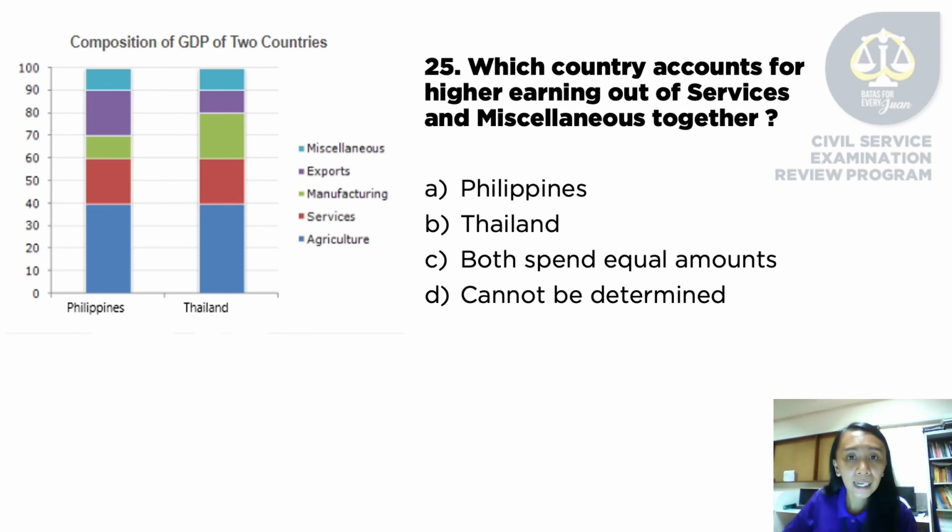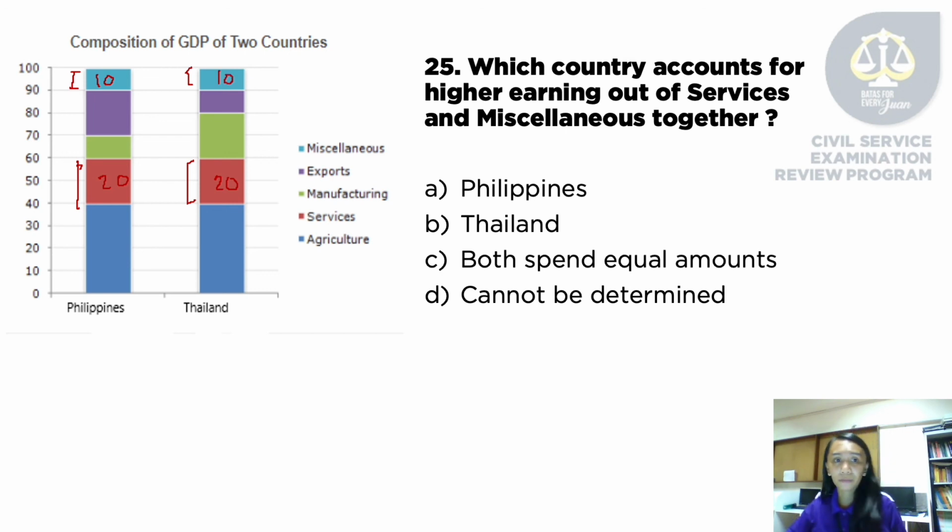Titignan muna natin yung kanilang percentages ng services at miscellaneous. Sa services ng Philippines, I have 20%. At sa kanyang miscellaneous, meron siyang 10. For Thailand, same lang. I have 20 also, and also I have 10.